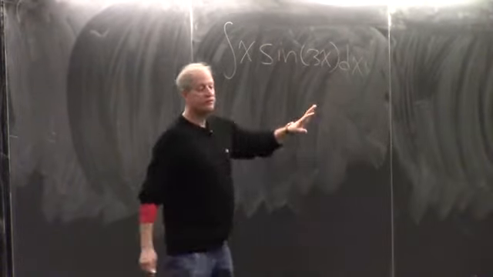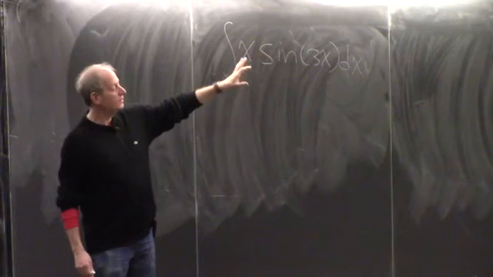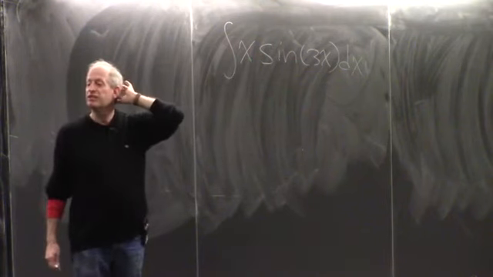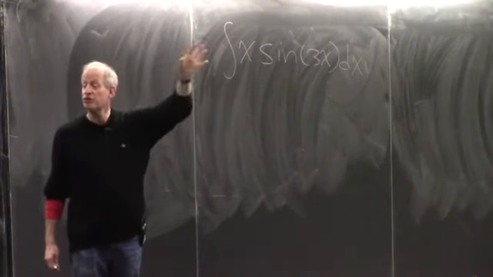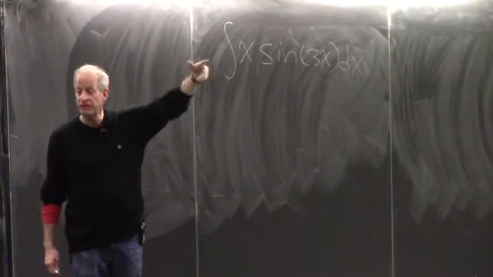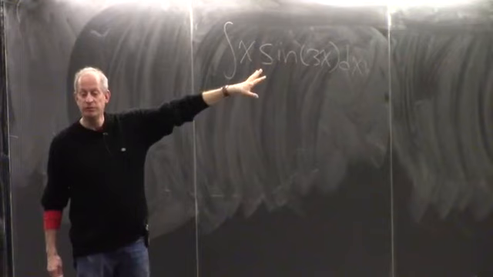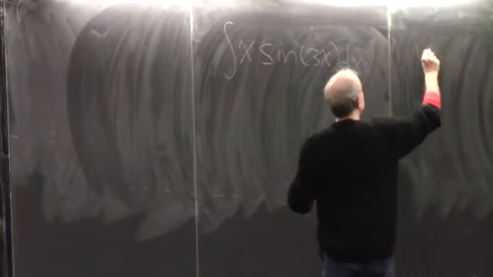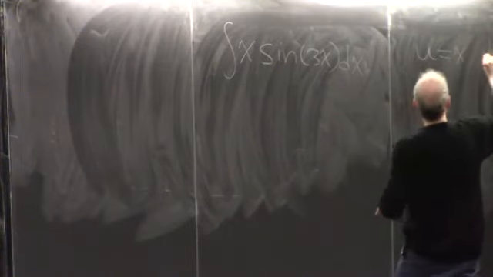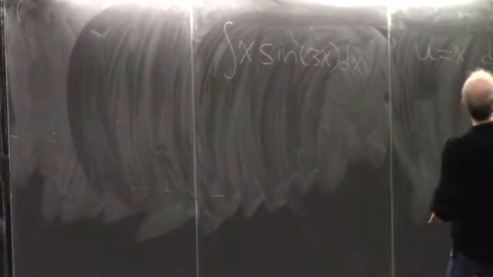We need a function and a derivative. As a general rule, if you have x to a power, you're going to let that be the function, and the other thing will be the derivative. So you let u equal x to the something, and dv will be the other piece. So if you let u equal the x term, dv is sine 3x dx.